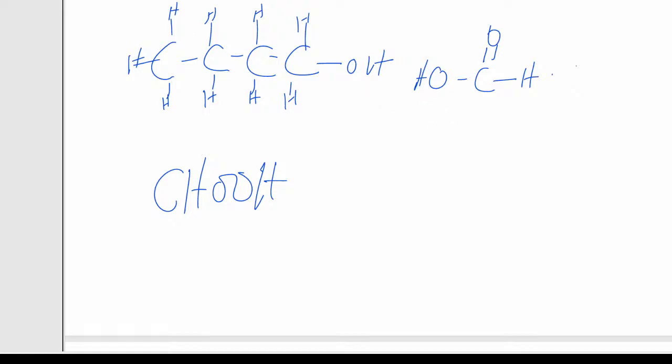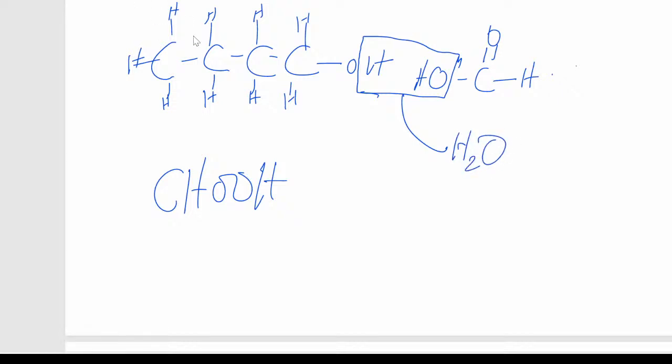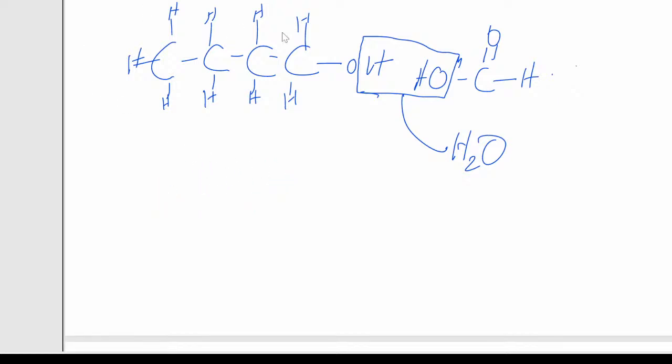Now remember, the carboxylic acid loses the oxygen and hydrogen, while the alcohol loses the hydrogen. So this is going to form H2O. The moment it forms H2O, it forms an ester. Remember, we have sulfuric acid acting as a catalyst. So I'm going to have 1, 2, 3, 4.